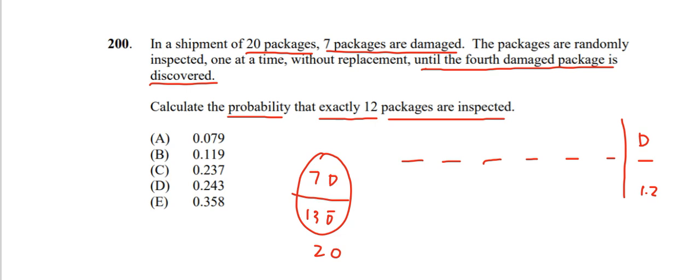So from the first 11 packages, we have 3 damaged and 8 not damaged, right? We want to guarantee that from these 11 we have 3 D's, and then the last one, the 12th, should be D.